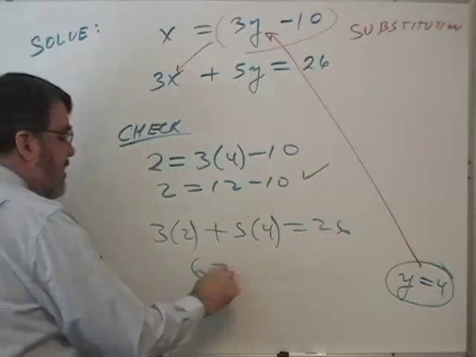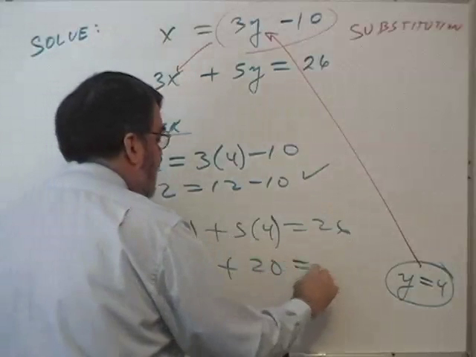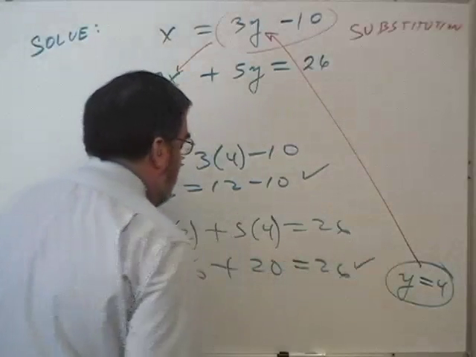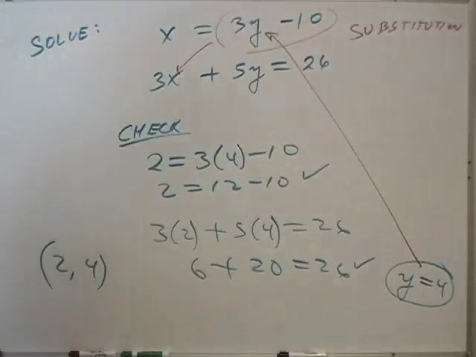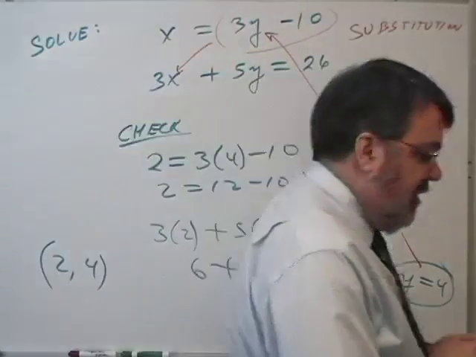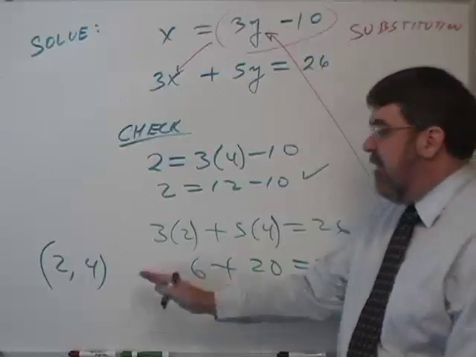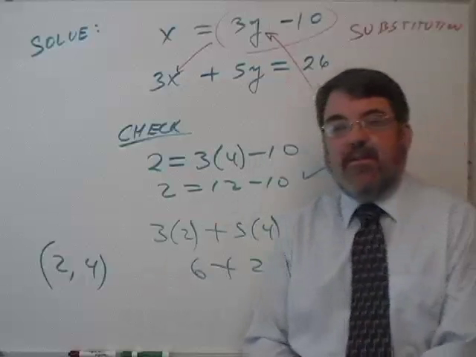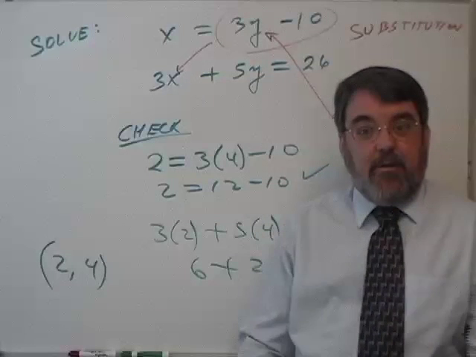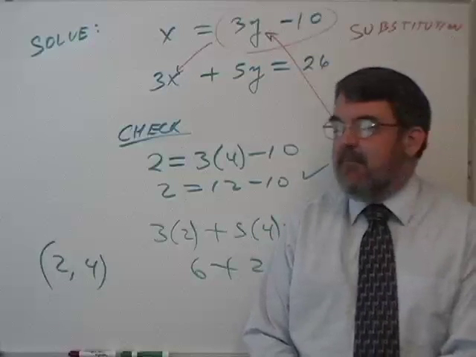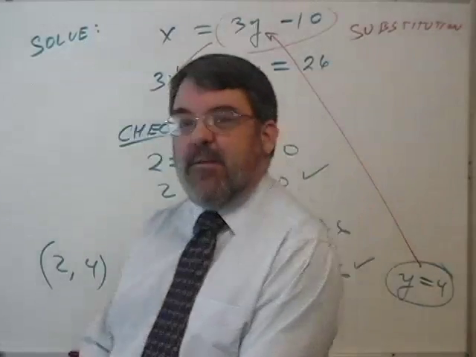Here I have 6 plus 20 equals 26, and that also is true. So again, we can check this out, and if your answer fits both equations simultaneously, then you can be pretty confident you got the right answer. So that's the substitution method.